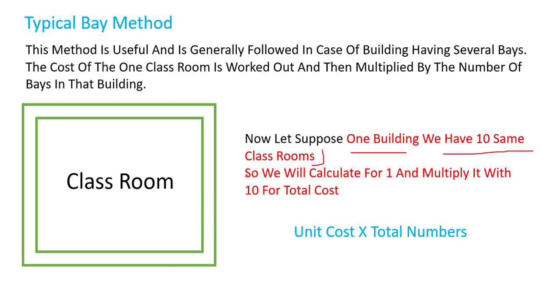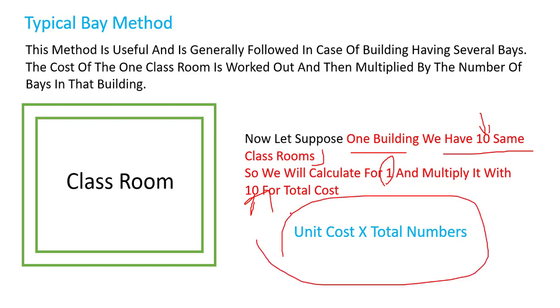In this case we'll calculate the estimate for one classroom and multiply it with the total, which is 10, to find out the total cost. So unit cost for one classroom multiplied by the total number gives us the total cost. This is the typical bay method.